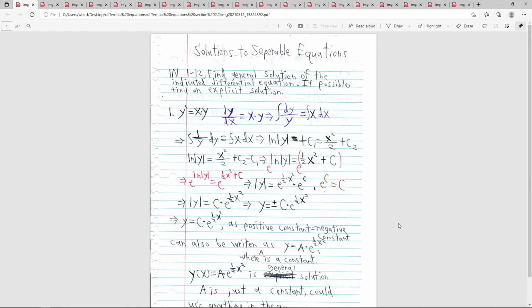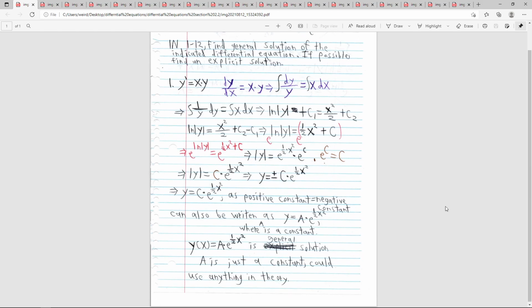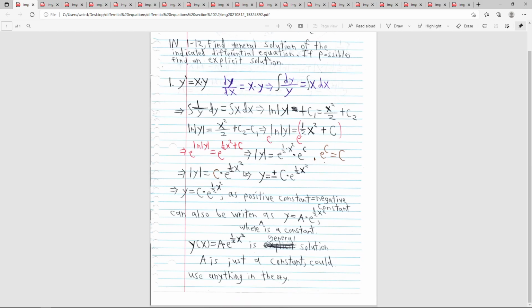Unless the professor is extremely picky, it doesn't matter. So we have the absolute value of y equals c times e to the 1/2 x squared. And we can get rid of absolute values and make it plus or minus c on the right side, because absolute value can be plus or minus.